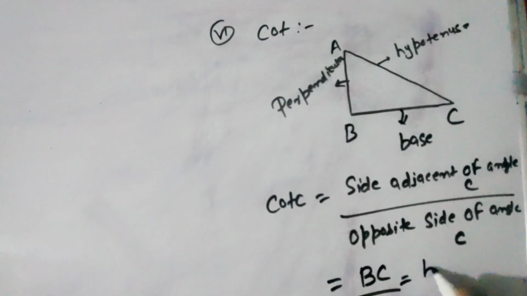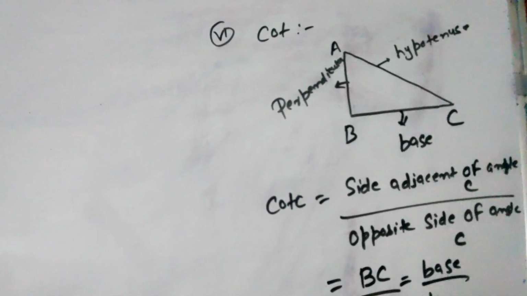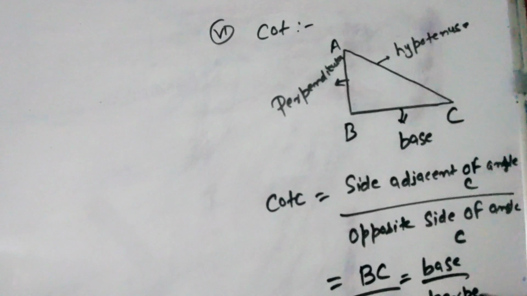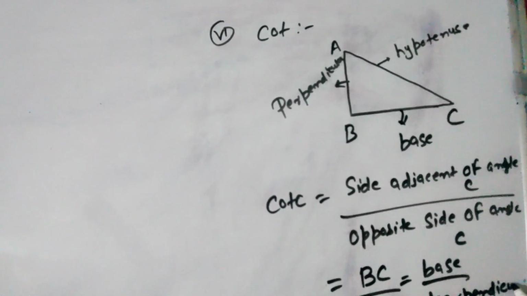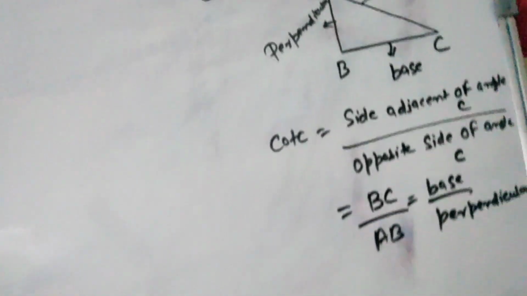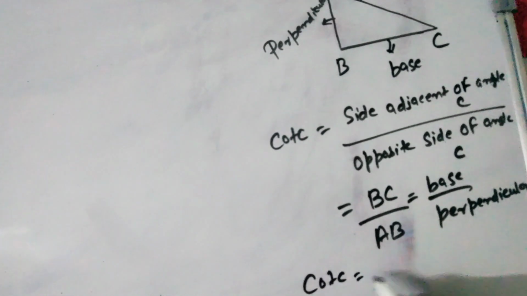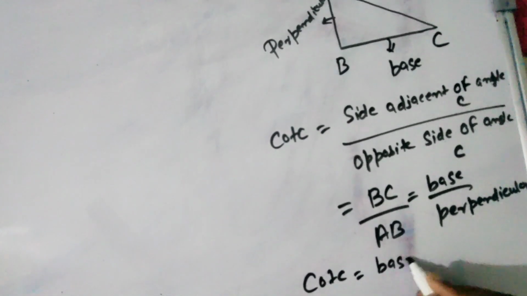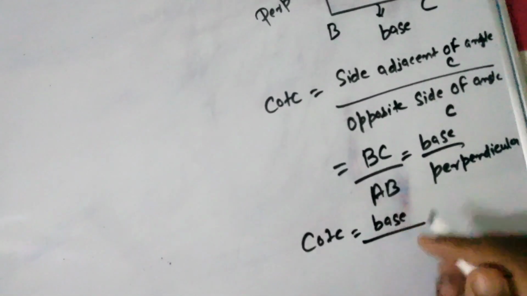BC is the base and AB is the perpendicular. Then cot C equals base by perpendicular.